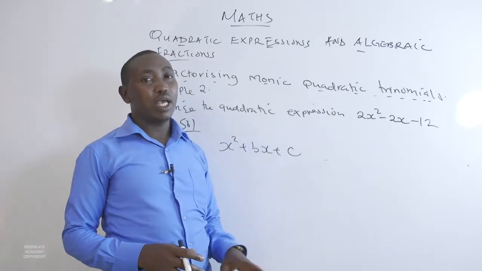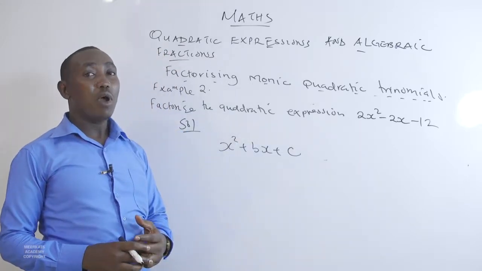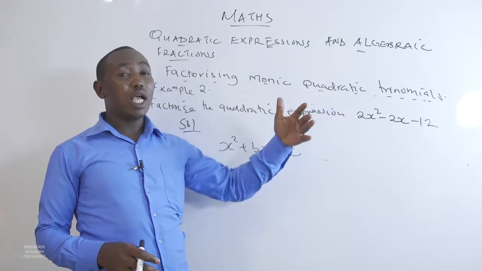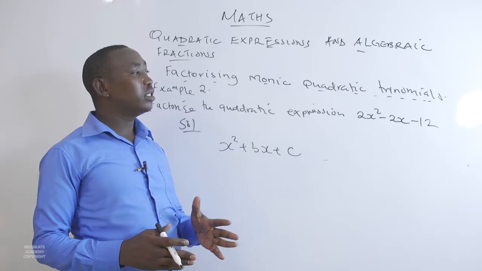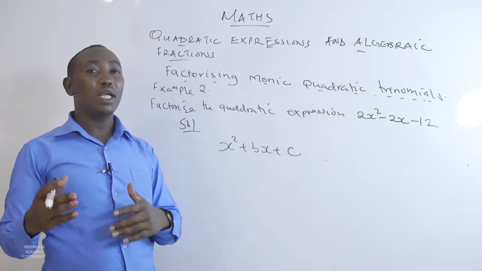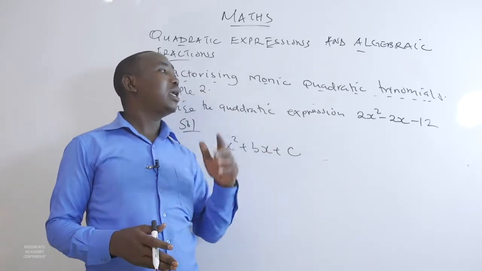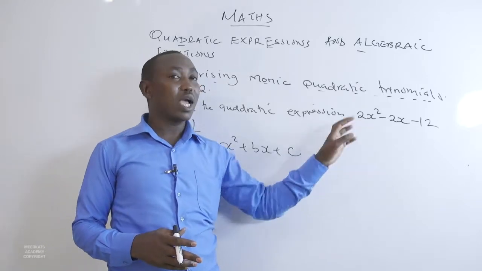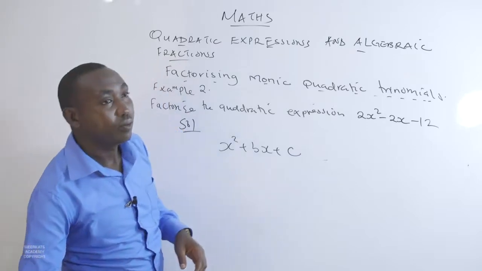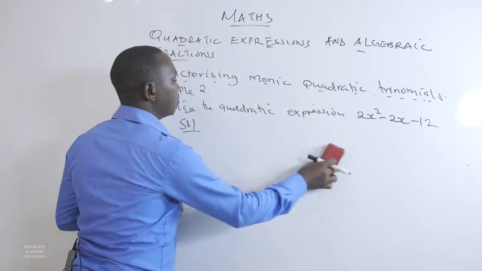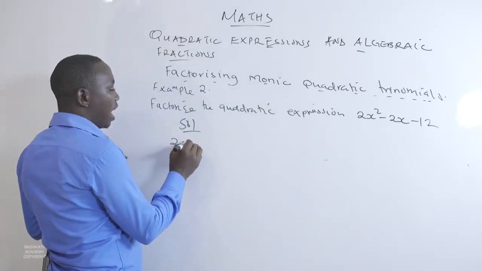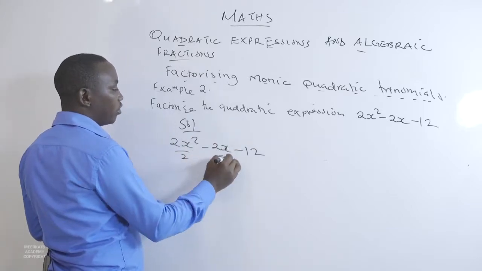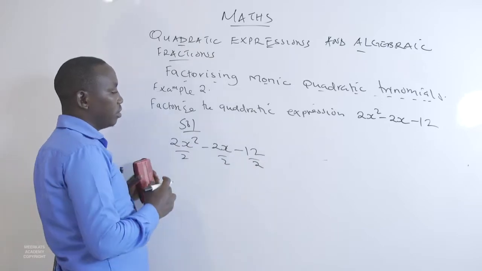In this case, we shall be required to make it monic. These are good expressions because they can easily be converted into monic by simply dividing through by the coefficient of x squared, which is 2. So 2x squared subtract 2x subtract 12, we divide through by 2.